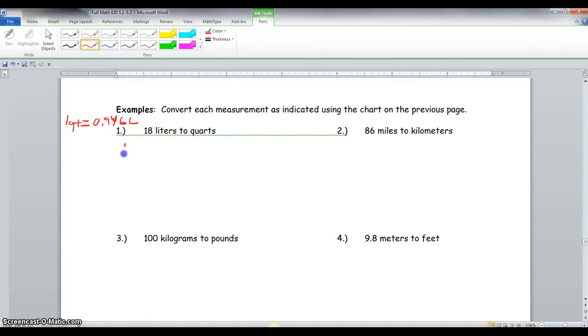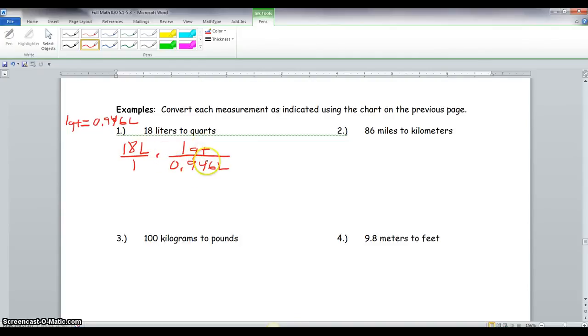So what we would do is take our 18 liters, put that over 1, and multiply it by the dimensional analysis. Now, we know that whenever we divide by values that are equal to each other, we're really making 1. Anything multiplied by 1 is itself. So we're trying to get rid of liters. So we will put the liters value in our denominator, and our numerator will be our quart value.